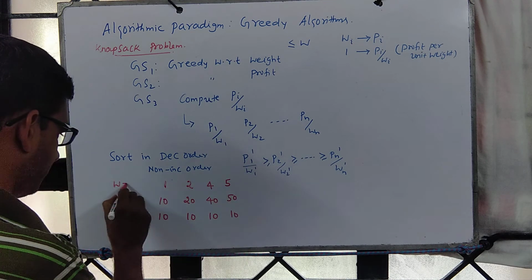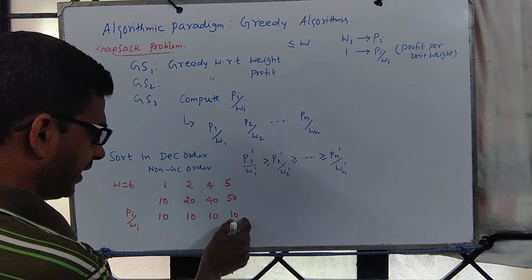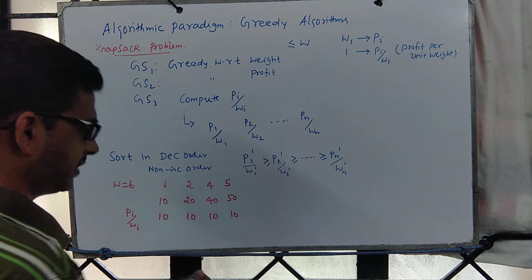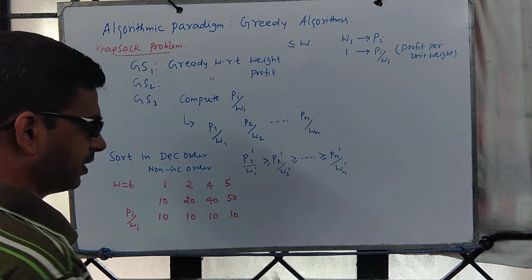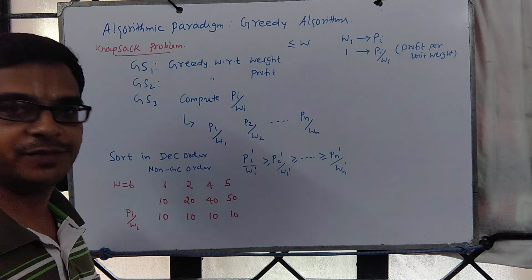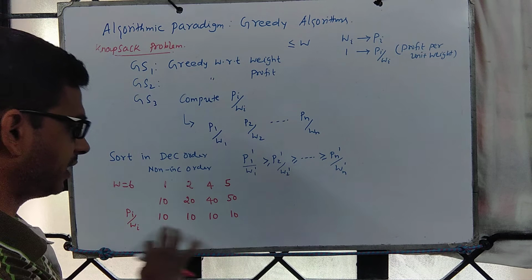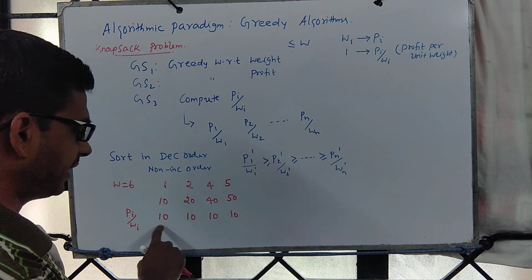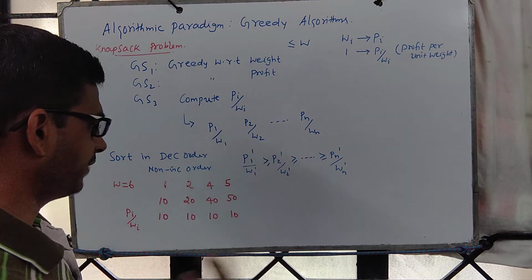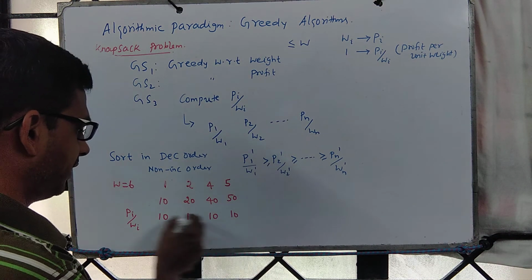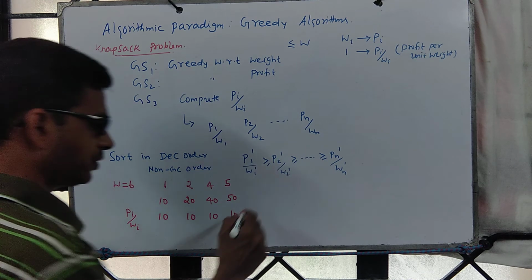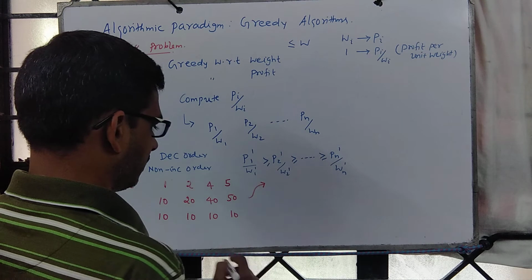W is 6. Our algorithm may take this followed by this, or it may take this followed by this, because if the values are same and when we sort, we may employ some algorithm like say heap sort or quick sort, they are not stable, right? Stable in the sense that when there are duplicate values, the order may not be preserved. So we don't know. After this, it may take this, or it may start with this and take this. So two solutions we may get.